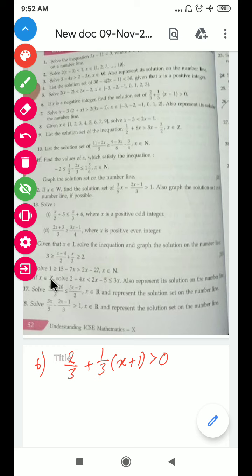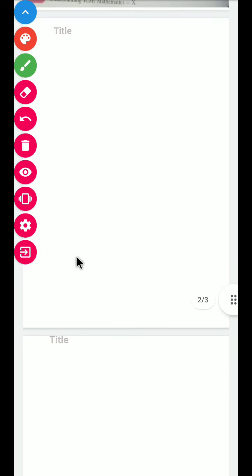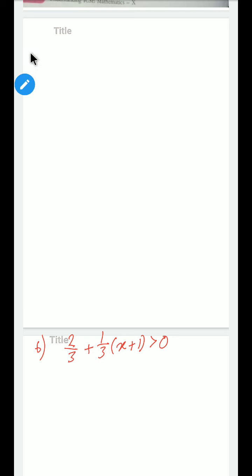So from here you have to find out the value of x, where x is a negative integer. Let me write this one again: 2 by 3 plus 1 by 3 into x plus 1 is greater than 0.